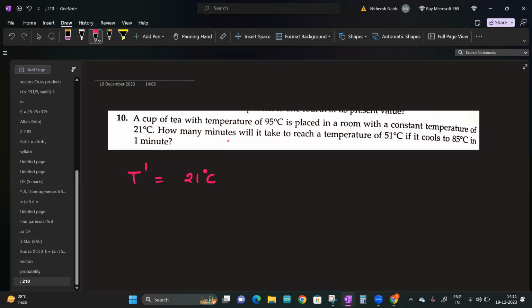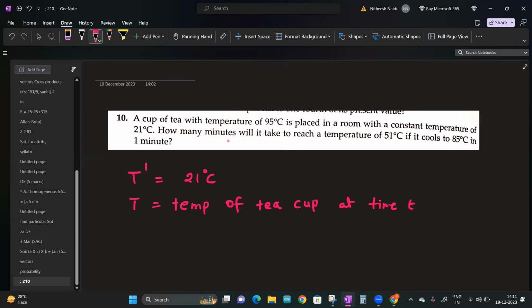T is equal to the temperature of the body, the temperature of the teacup. Don't write body, here it is a teacup, he said. Teacup at a time t, at any time.